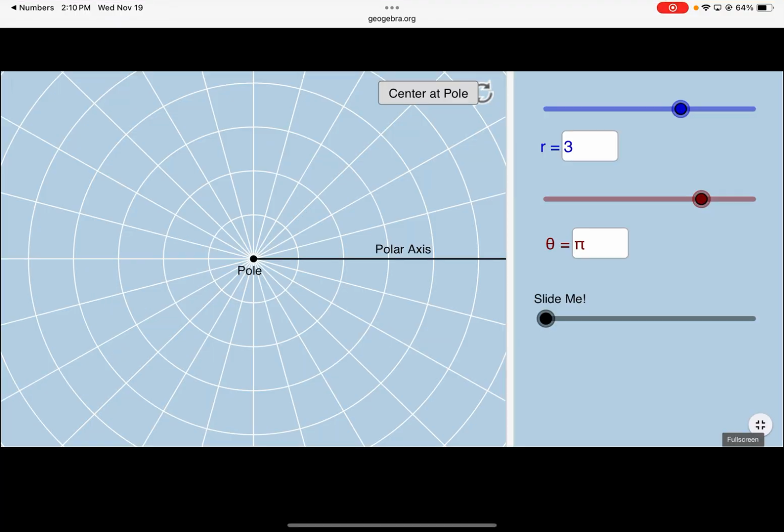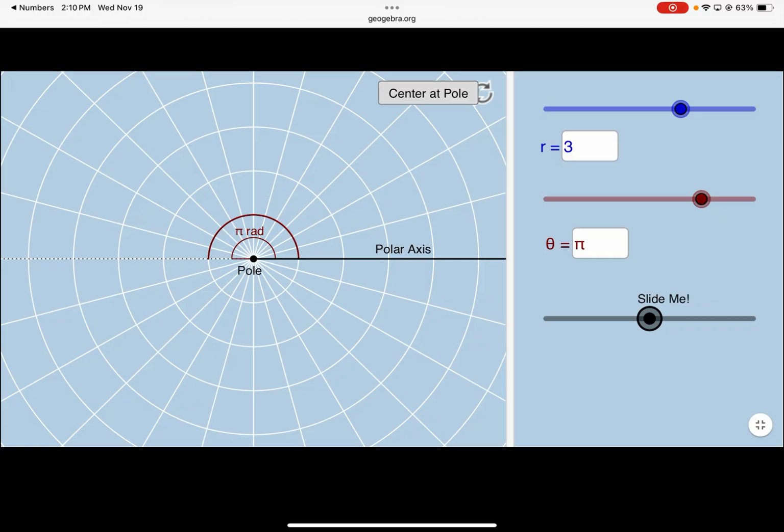Okay. All right, so currently I have r set at 3, and I have theta at a nice easy angle measure of pi. So what I'm going to do is start at the polar axis. Now this illustration has the polar grid behind it, and we'll talk about that a little bit more in a minute here, but polar axis is where my initial side of my angle is. I'm going to rotate to pi for the terminal side of the angle.